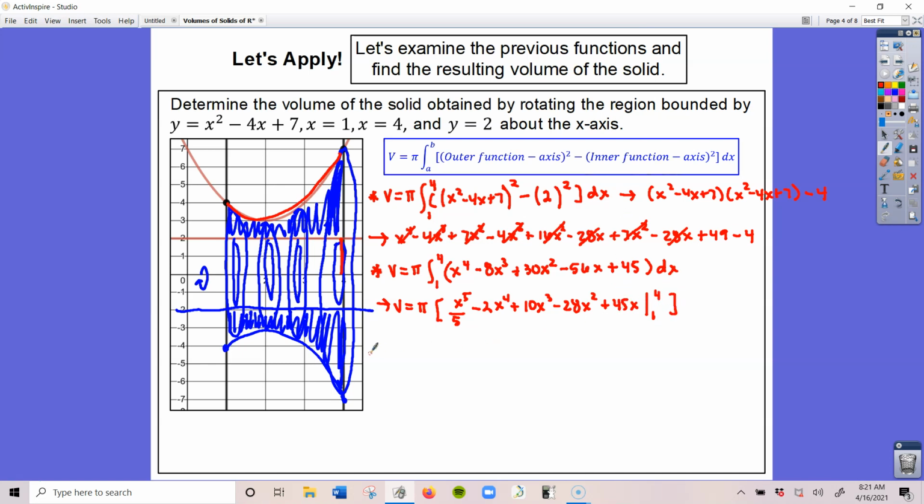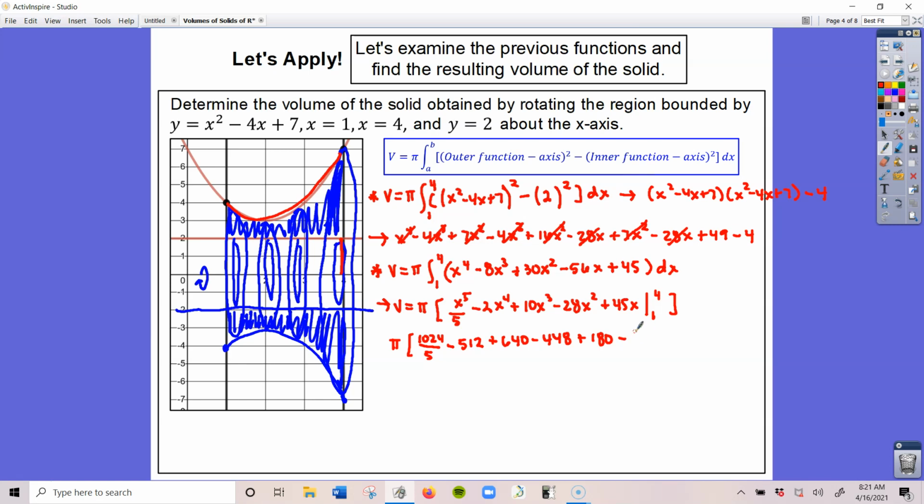So let's plug in the 4. We get pi. 4 to the 5th is 1024 over 5, minus 4 to the 4th, which is 256 times 2 is 512, plus 4 to the 3rd is 64 times 10 is 640, minus 4 squared is 16 times 28 is 448, plus 45 times 4, which is 180.